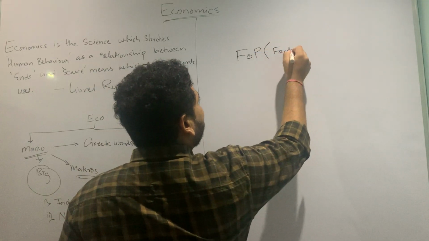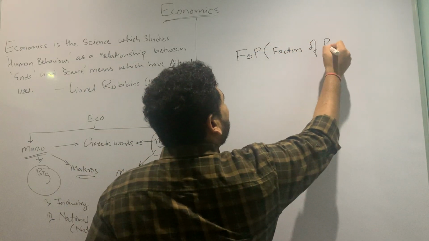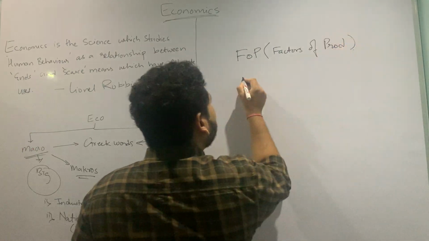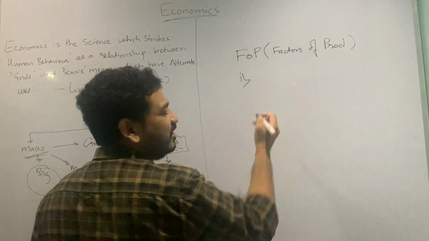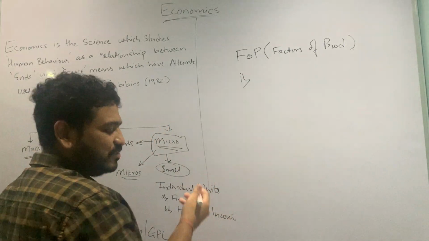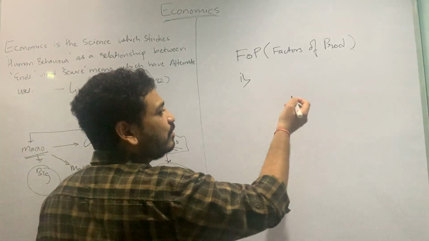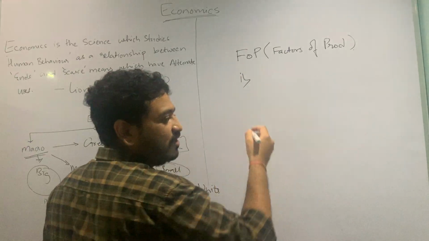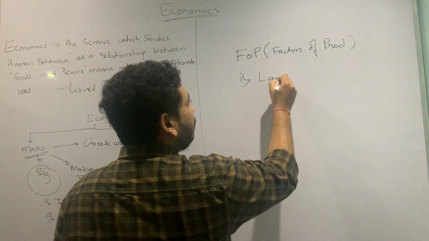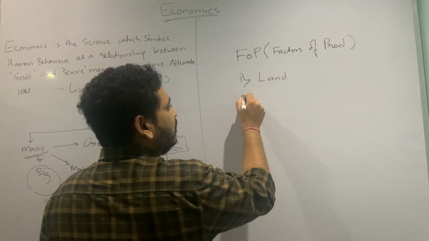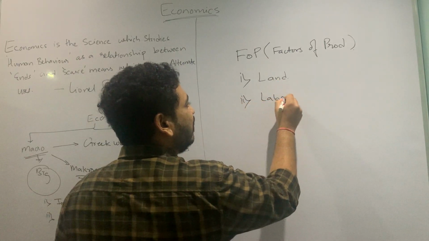Factors of production. The first factor, as you all must know, is there in the intermediate microeconomics taught in class 12th or A levels, if you have studied from an IB curriculum school. This is called land. The other factor is labor.